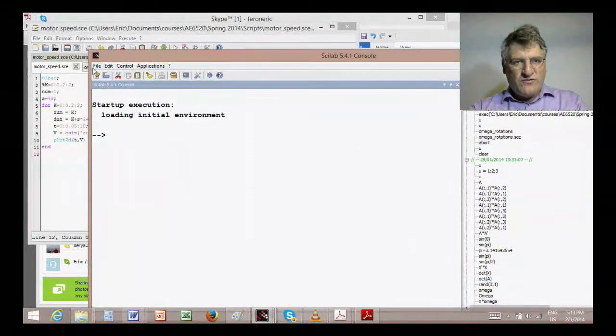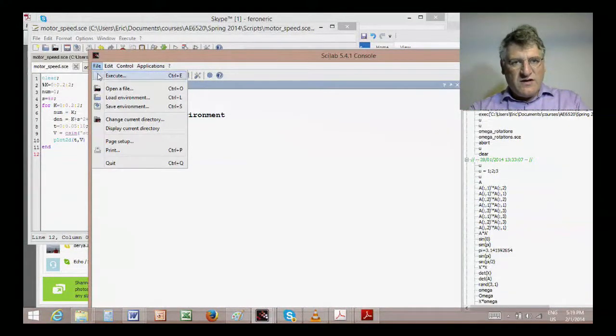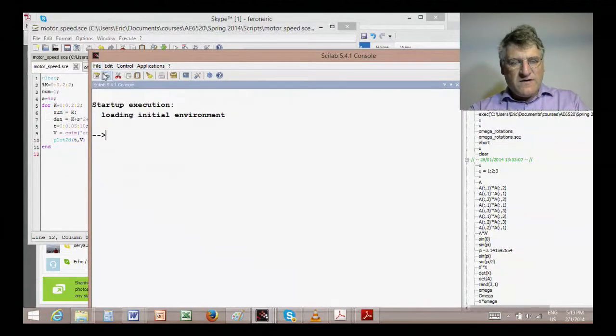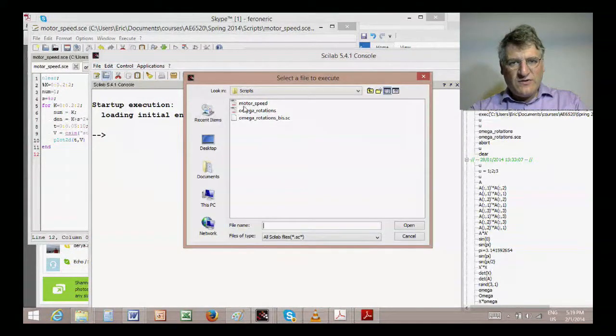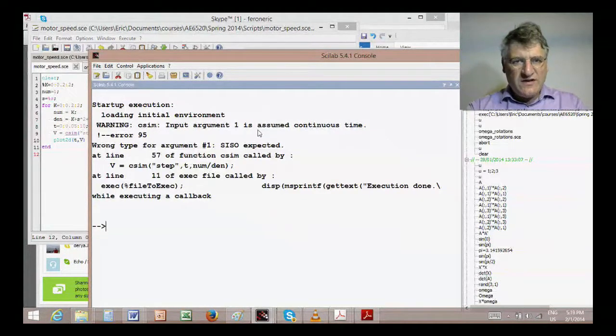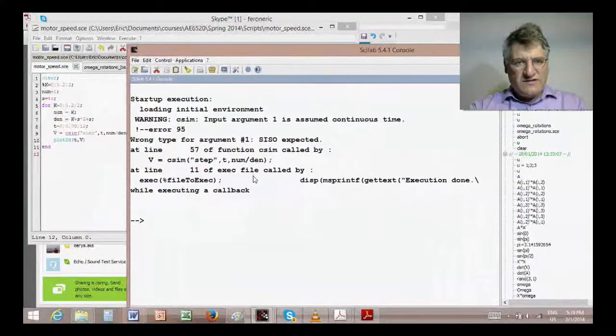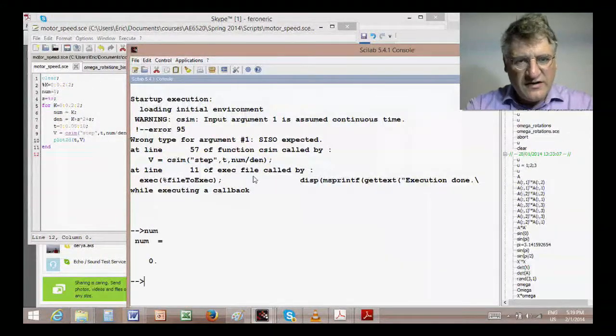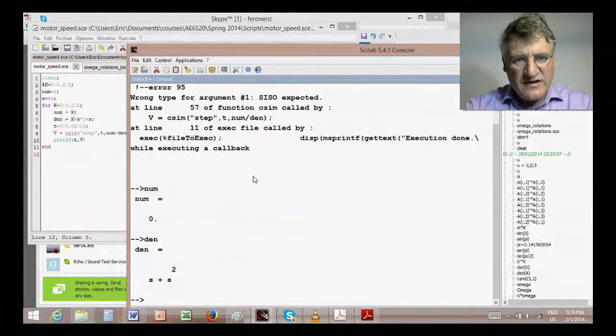We should be able to find a place where to find the file to execute, and it gives us an issue. So let's look at what num looks like. Den is like num over den.